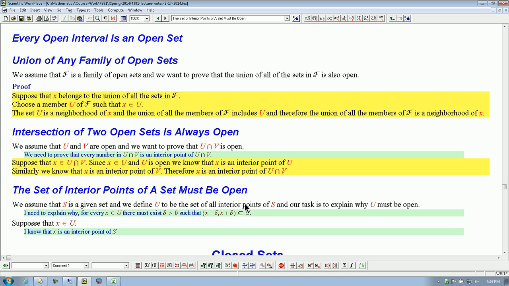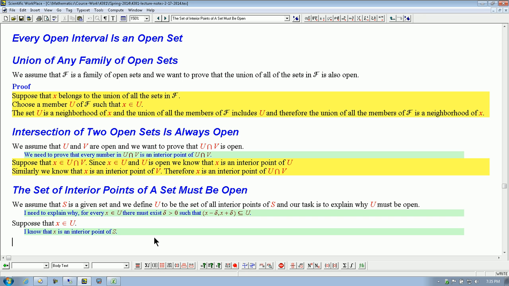Interior points of S. x is an interior point of S. Okay. What does it mean, x is an interior point of S? Spell out the definition. So there exists something.